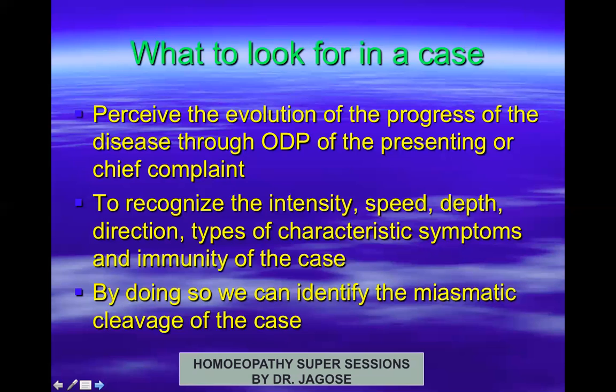So therefore, by doing so, we can have an important look into the pathology, which will help us to identify the miasm, which will help us to identify the curability or incurability of the case, and also it will help us to identify what potency to give the medicine in.